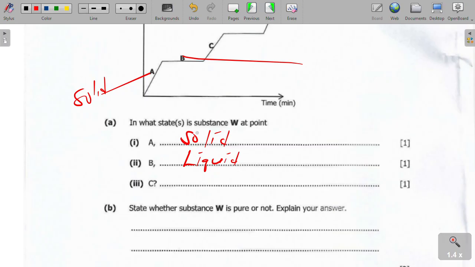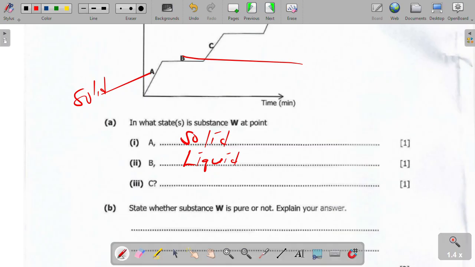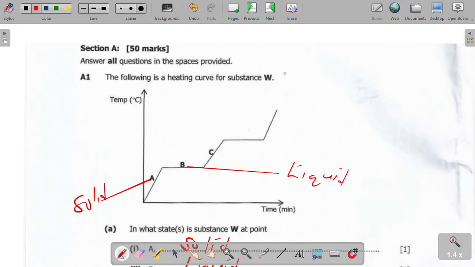At point B, liquid. At point C, you can say liquid plus gas.